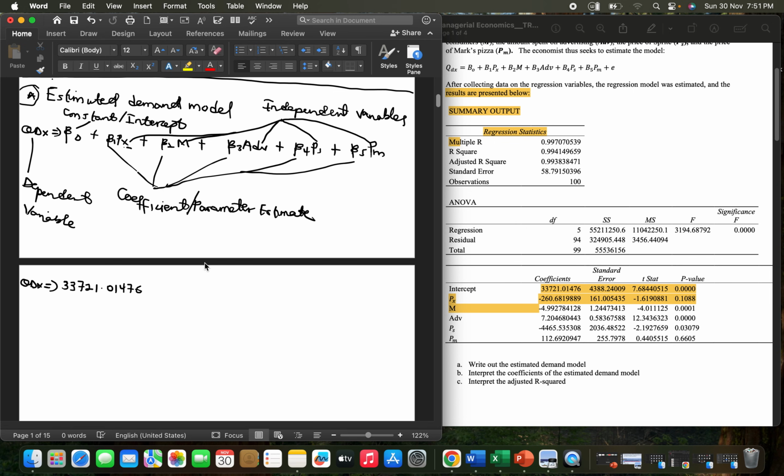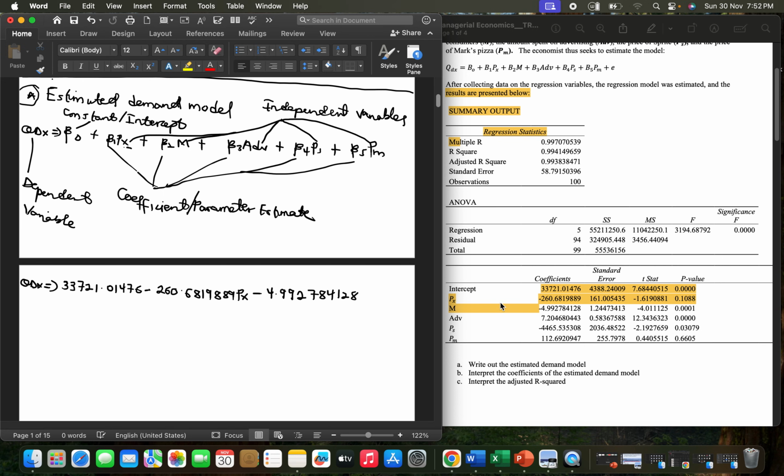So the next coefficient is negative, minus 260.19889. Then the variable in line with it, you join that variable. So the variable in line with it is Px. Then I'll pick the next coefficient, minus 4.992784128.